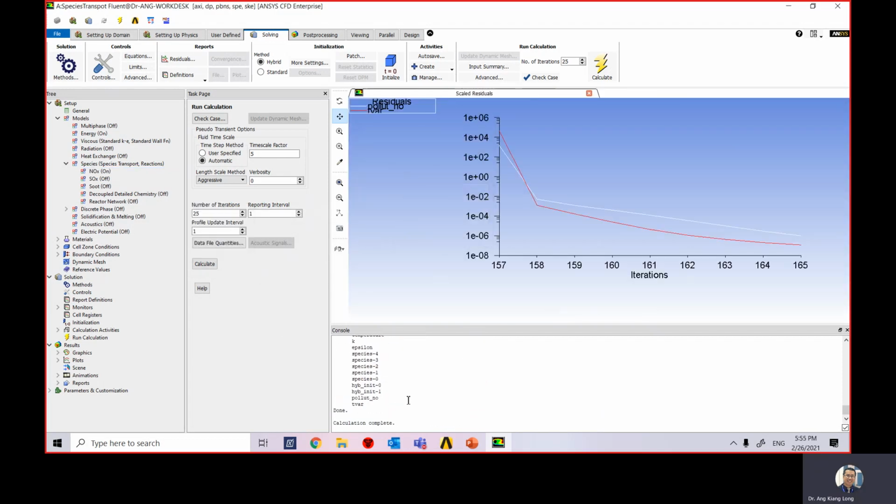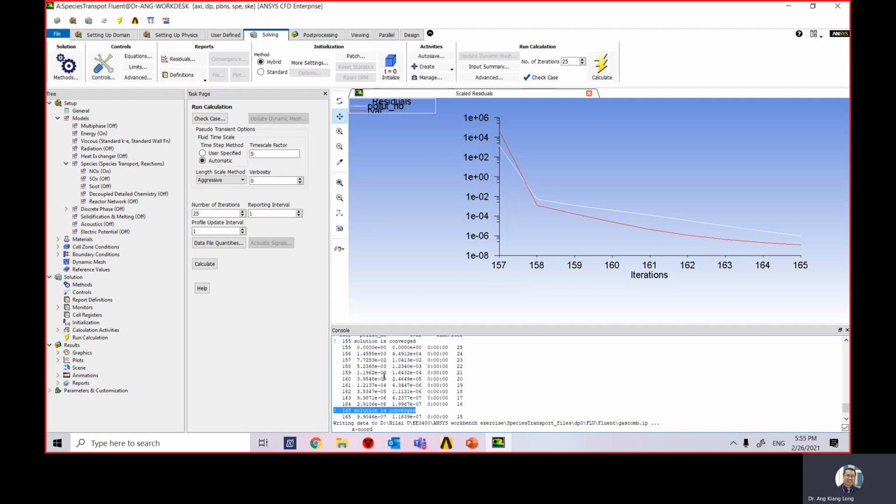So you see it's complete, and it reached convergence in about 10 iterations. 155 is the previous one, and 165 is the current one. So your solution was reached in 10 iterations.